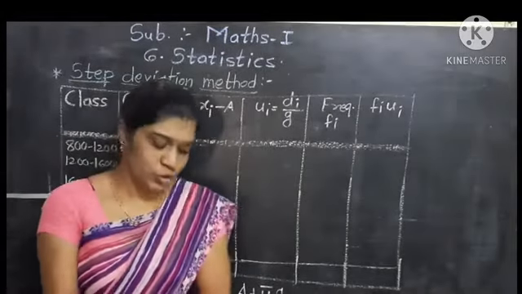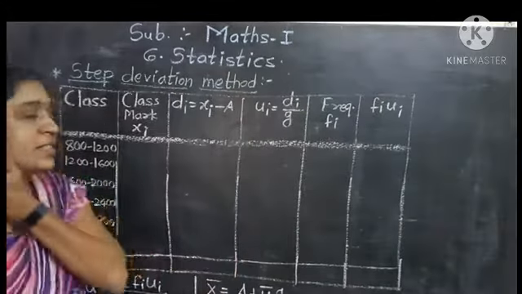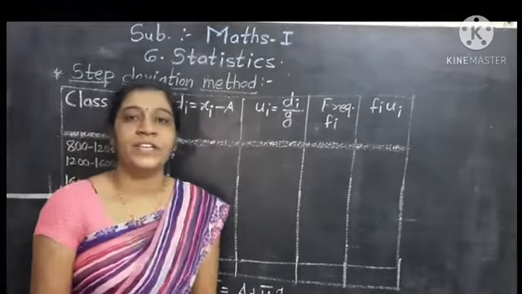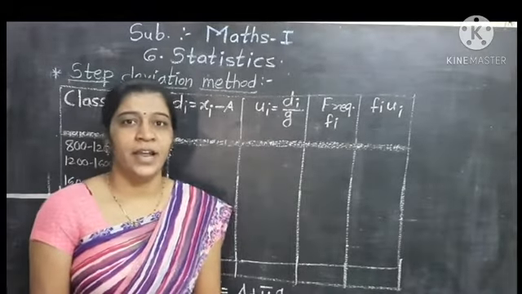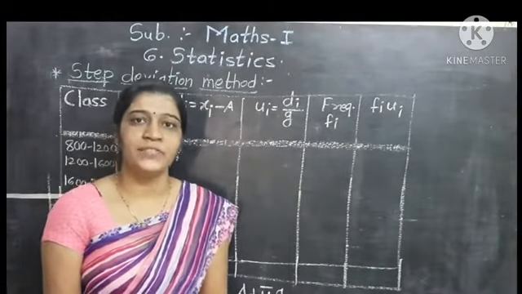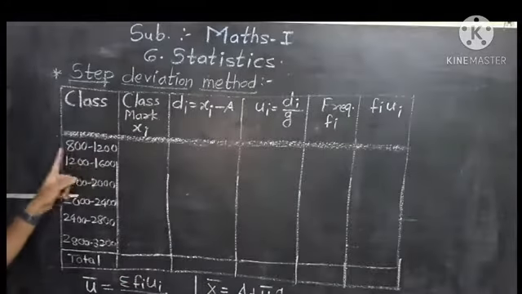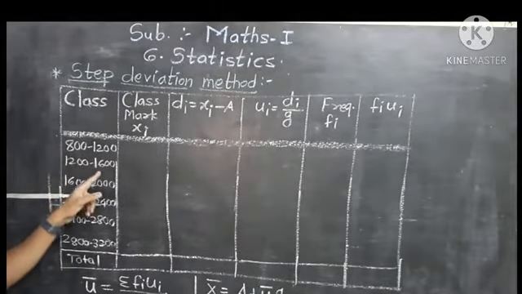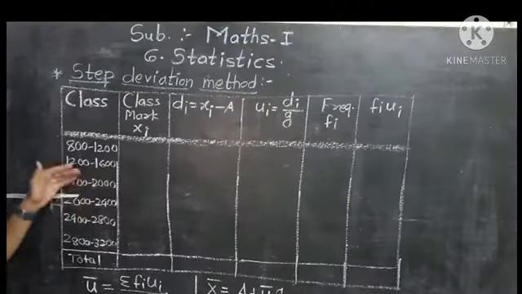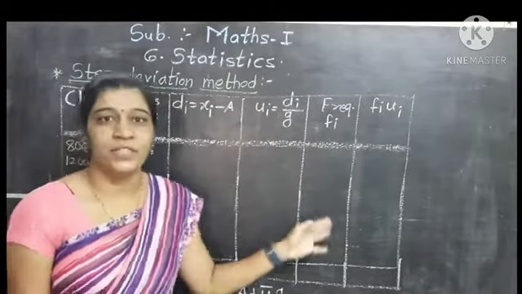So see the solution of the page number 135 question. What is given here? Rupees invested is the class, and the number of people we denote as frequency. The classes are 800 to 1200, 1200 to 1600, and so on, and the frequencies are given.